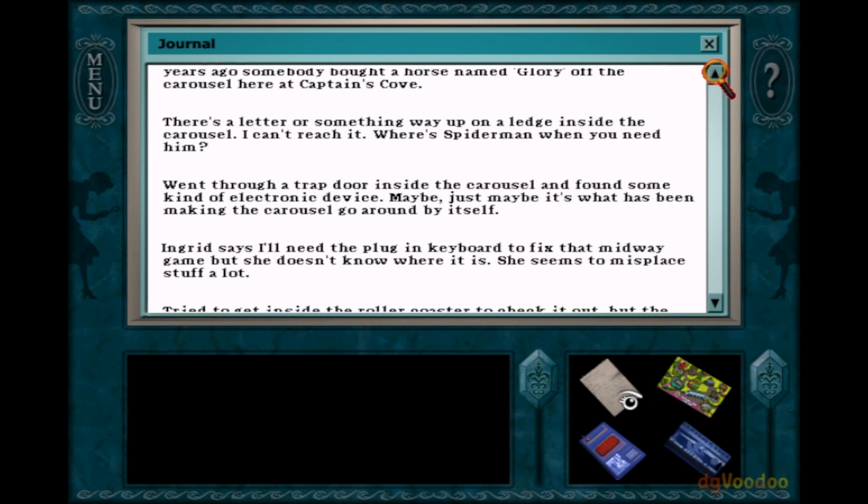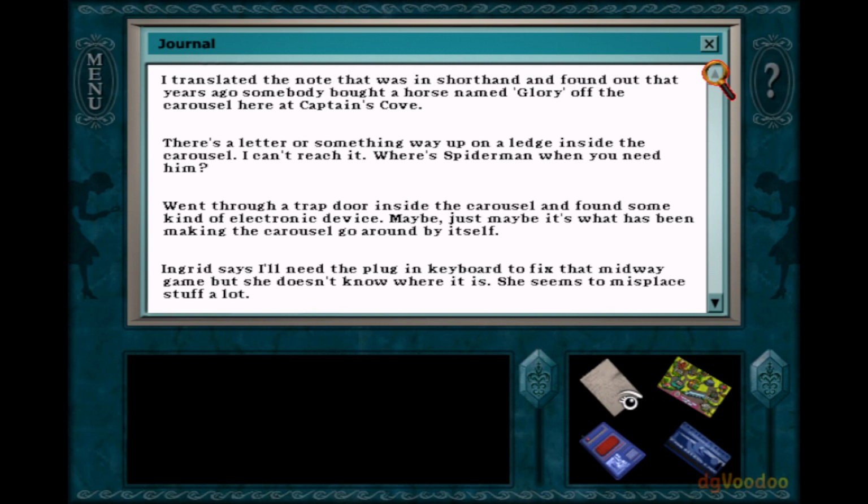There's a letter or something way up on a ledge inside the carousel. I can't reach it. Where's Spider-Man when you need him? I translated the note that was in shorthand and found out that years ago somebody bought a horse named Glory off the carousel here at Captain's Cove.